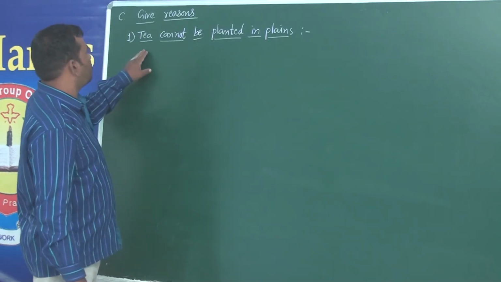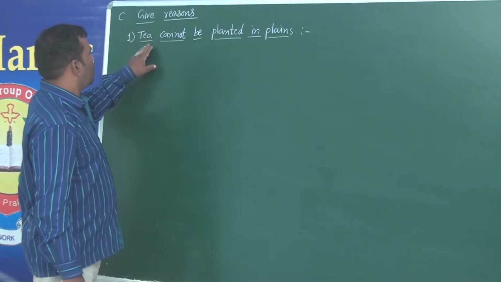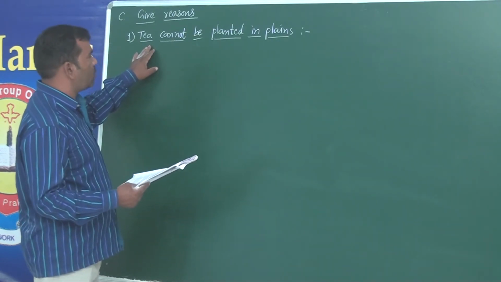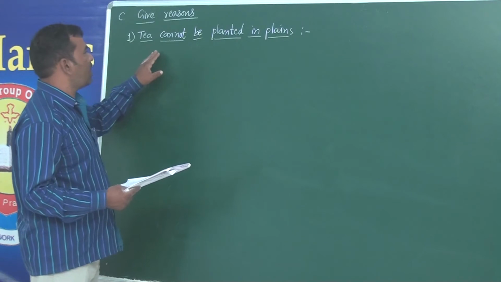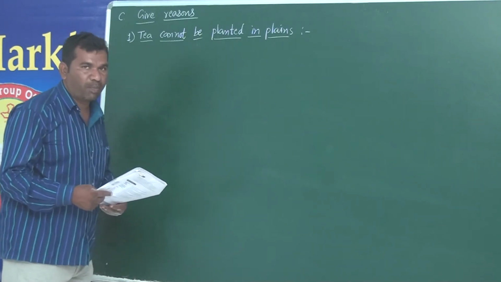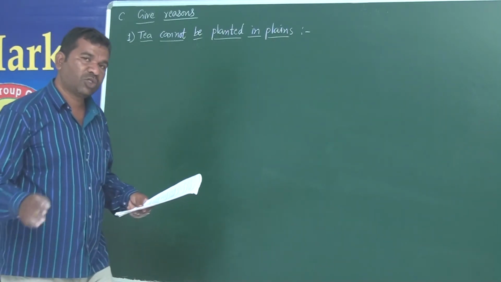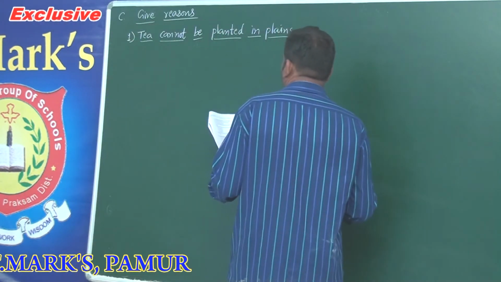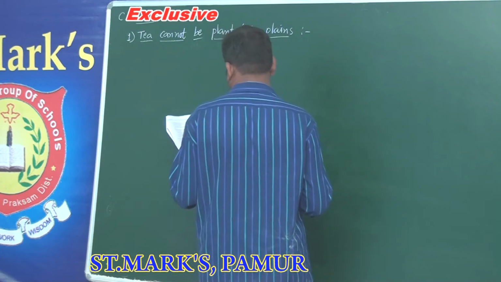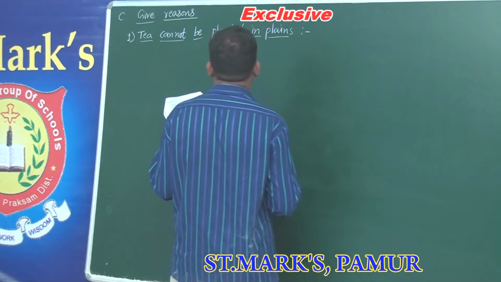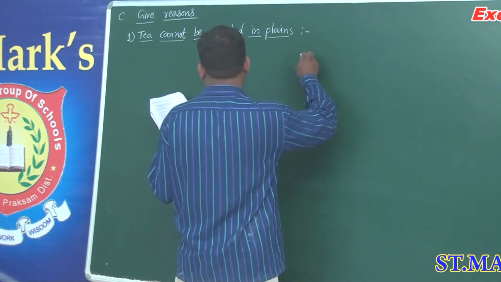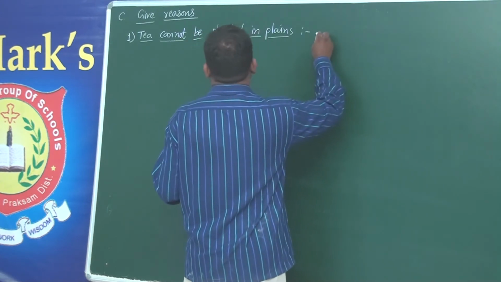Now the third question is, it has reason based questions. So we have to reason out why tea cannot be planted in plains. You said mostly the tea crop is cultivated only in the hilly regions. So why can't we grow tea in plain areas?